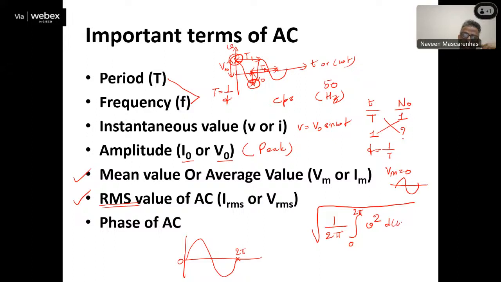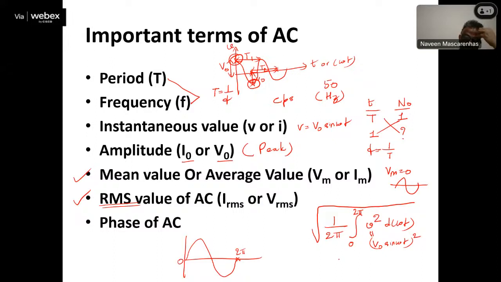And I'm doing it with respect to theta, integrating with respect to omega t. And you all know what is the full form of V here. It is V naught sine omega t, the whole square here. And therefore, if you solve this, this is a very easy sum in mathematics to solve.